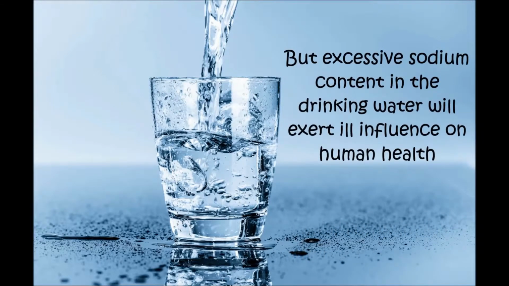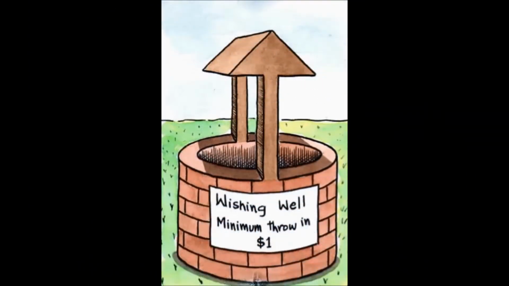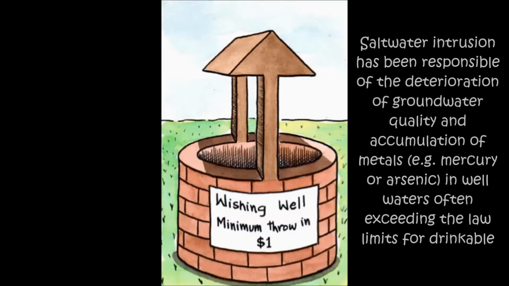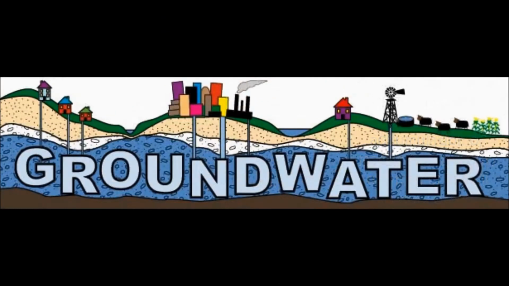But excessive sodium content in drinking water will exert ill influence on human health. Saltwater intrusion has been responsible for the deterioration of groundwater quality and accumulation of metals, for example mercury or arsenic in well waters, often exceeding the legal limits for drinking.